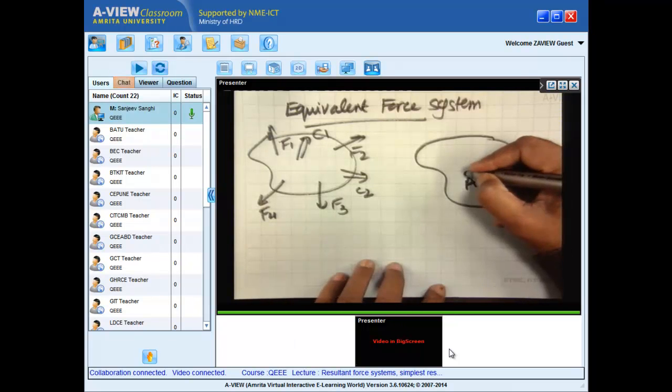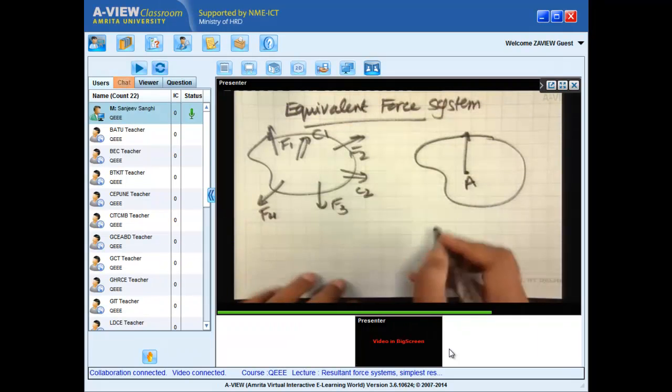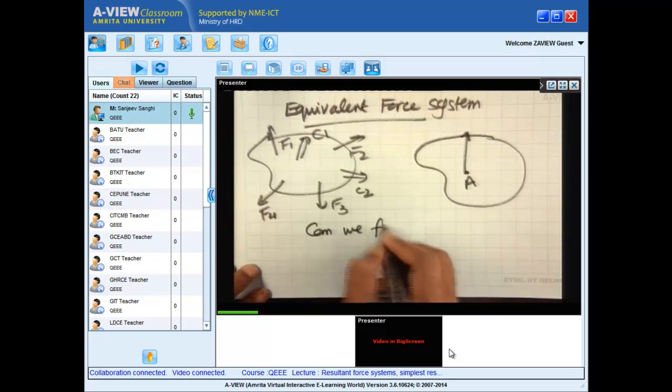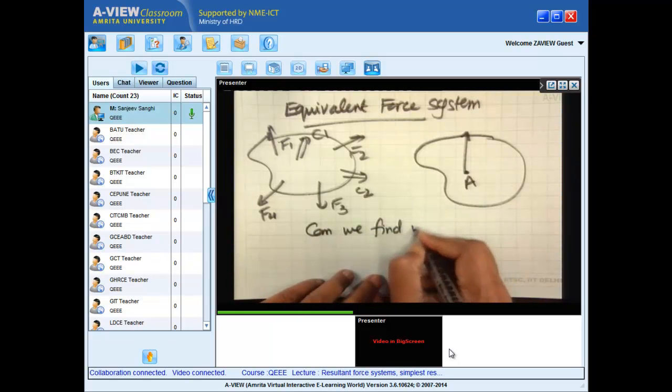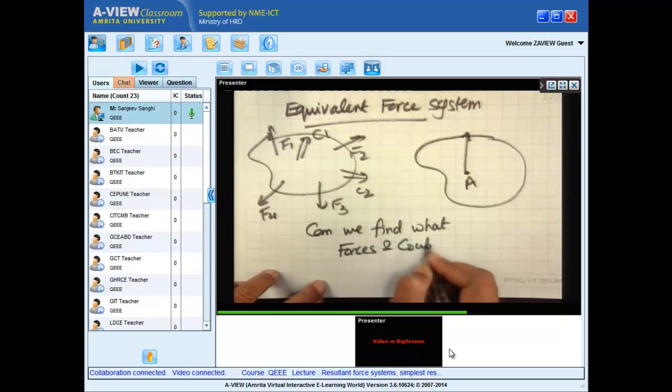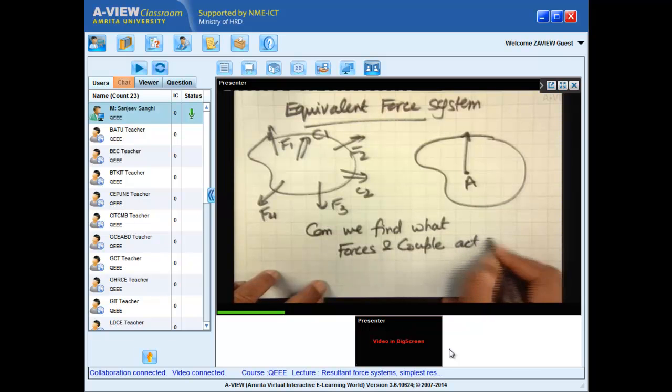Can we find what force and couple act at A?